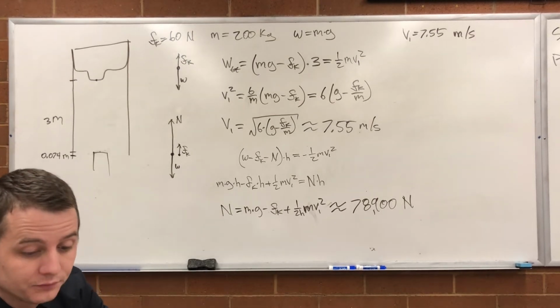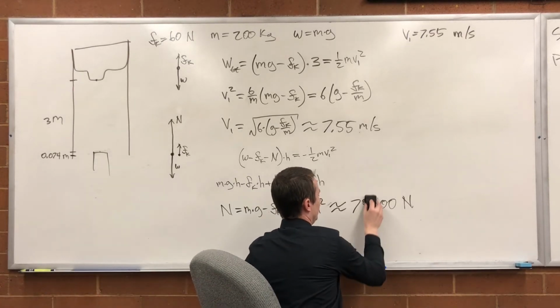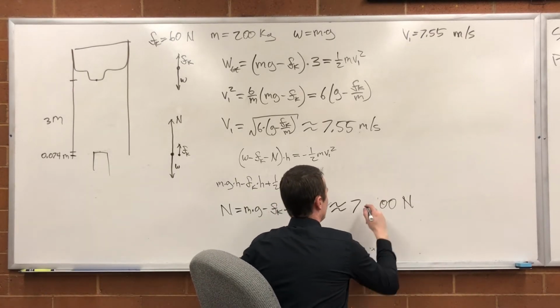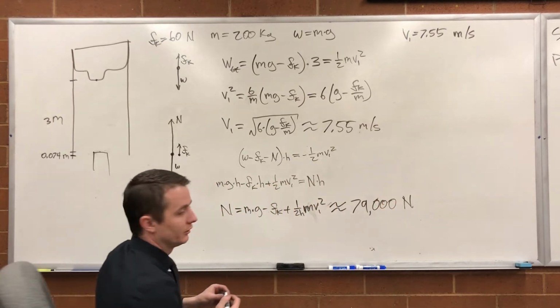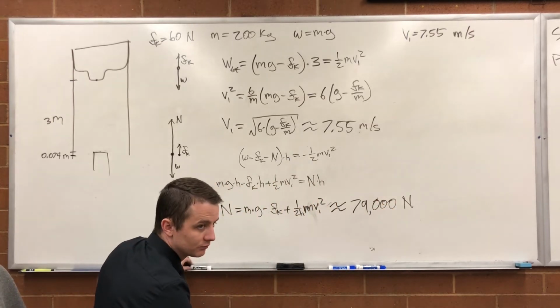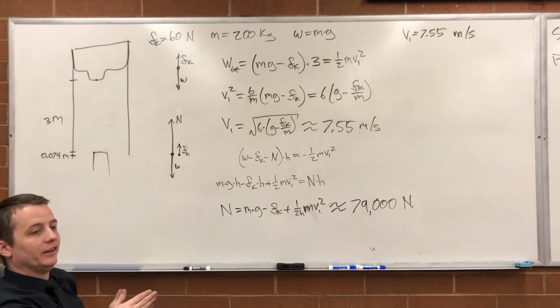Check here. Oh, they just have two decimal places. They just have 79,000. 79,000 newtons. So that's the average force that that hammerhead exerts on that I-beam.